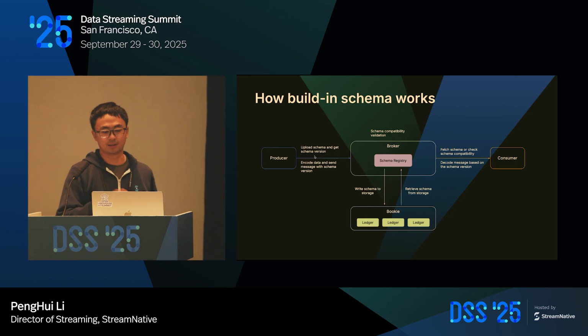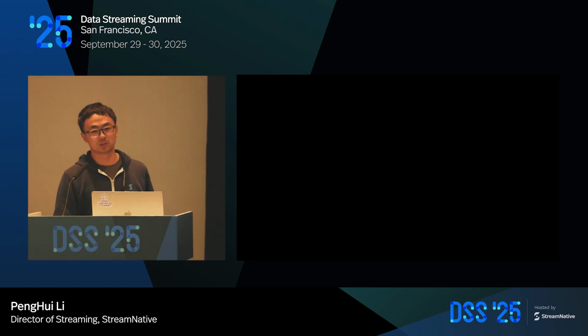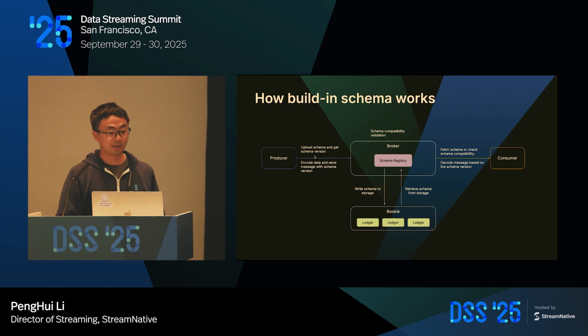If there is a new schema, because you changed your data format, that's fine. The producer handles all the schema auto-uploading, and gets a schema version. We call it the schema version in Pulsar; it's a local schema ID of your topic. After the producer gets the schema version, it encodes the data and attaches the schema version to the data.